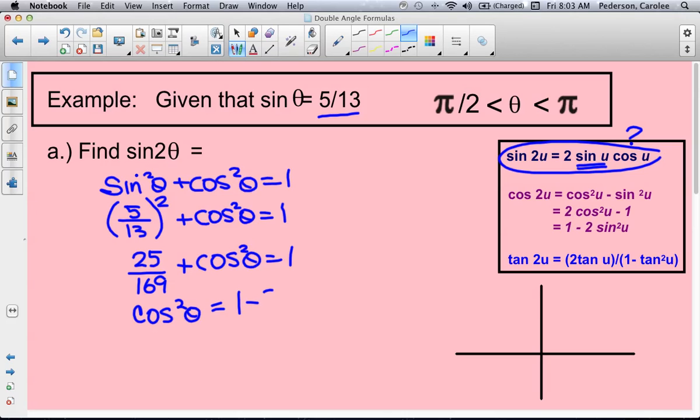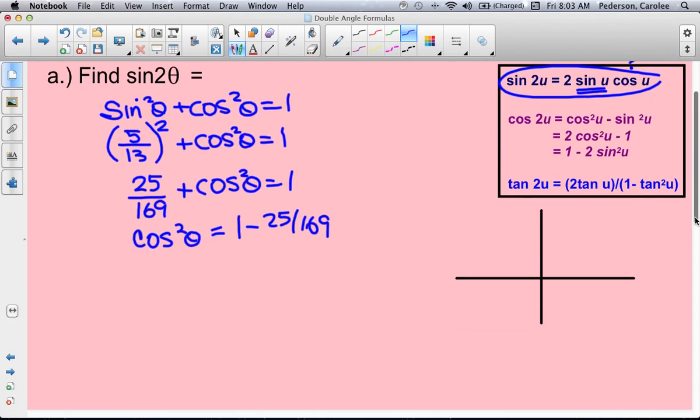So we have 1 minus 25 over 169. And now we want to combine the terms on the right side of this equation. So I'm going to change that 1 to 169 over 169. Now I have like denominators.